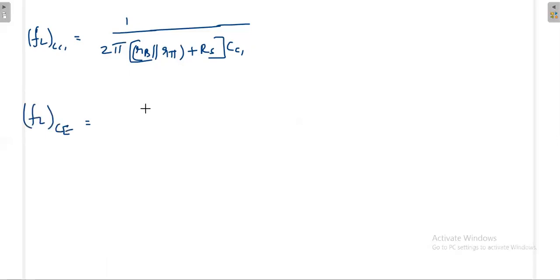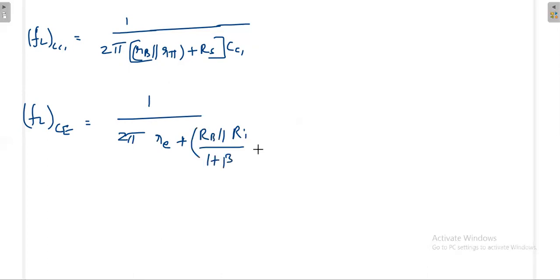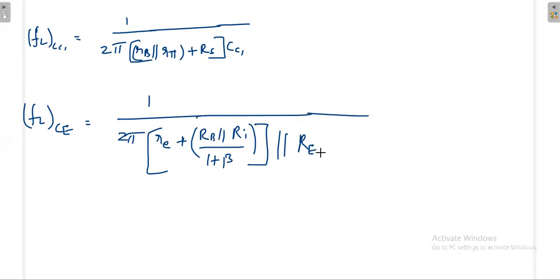That is 1 by 2 pi, RB parallel R pi divided by 1 plus beta, in parallel with RE, finally with the product with CE.